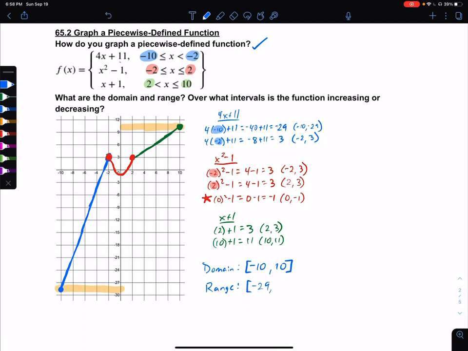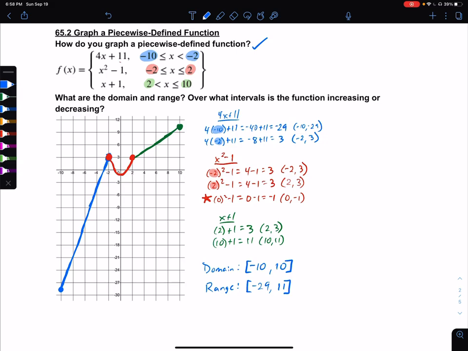We found that using the 4x plus 11, and the highest value would be 11. And that was found using the green one, the x plus 1. So domain and range usually aren't too bad. Sometimes there are breaks in your graph, so you'll have different portions. If a certain part didn't exist, you would have 2 pieces to your domain, or 2 or 3 pieces to your range, however it worked out.